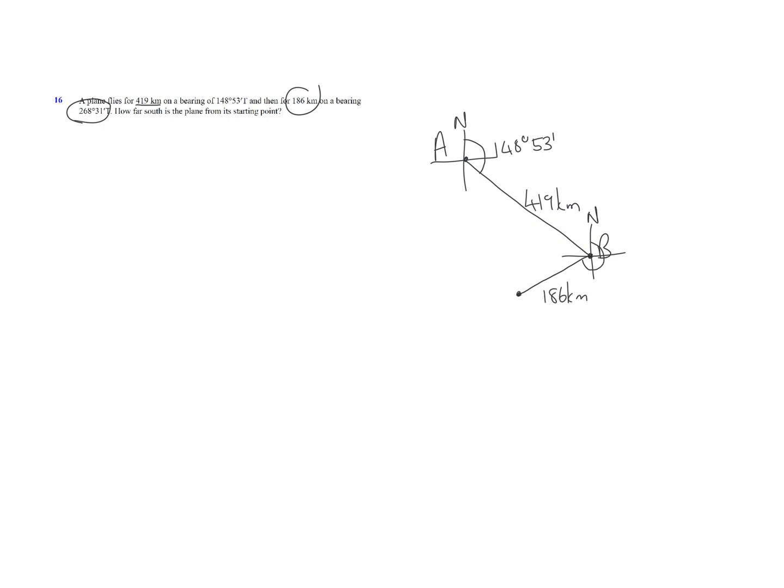Now I'm at point C, and that angle is 268 degrees and 31 minutes. The question is asking, how far south is the plane from its starting point? So just how far south?